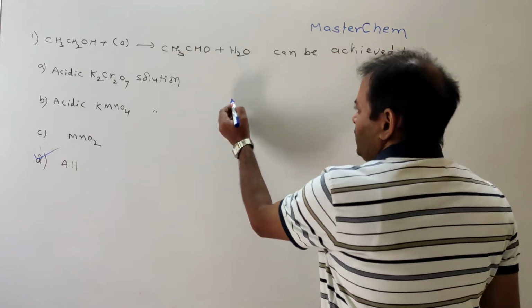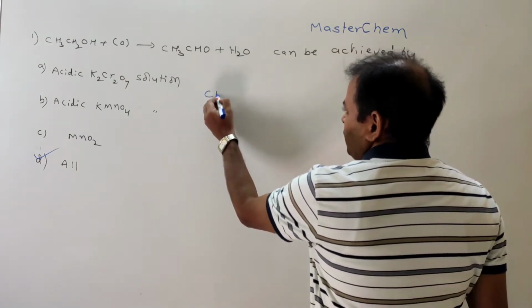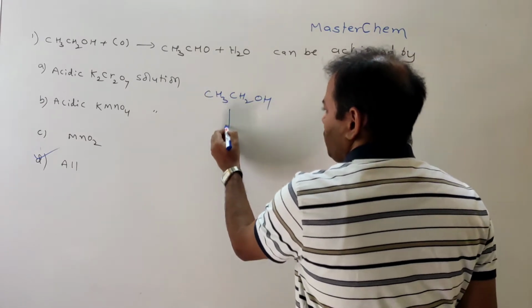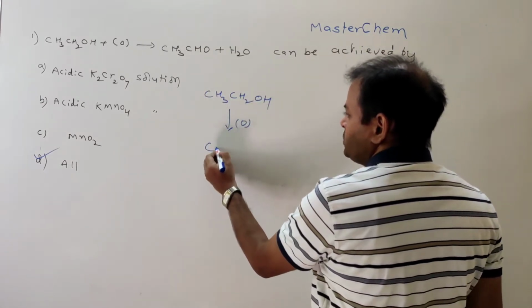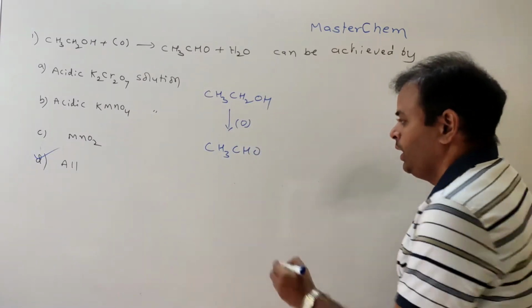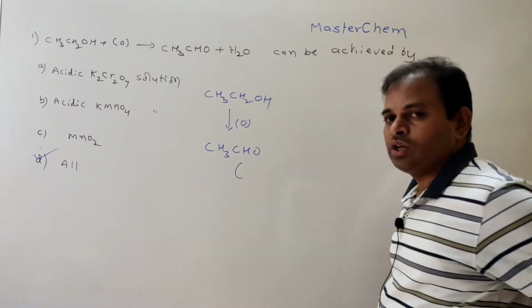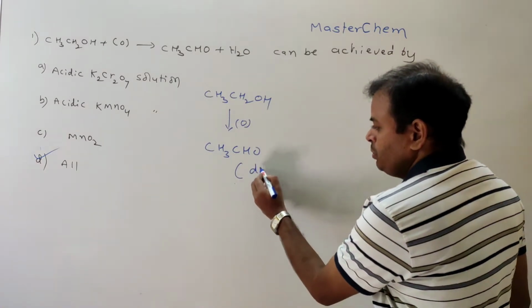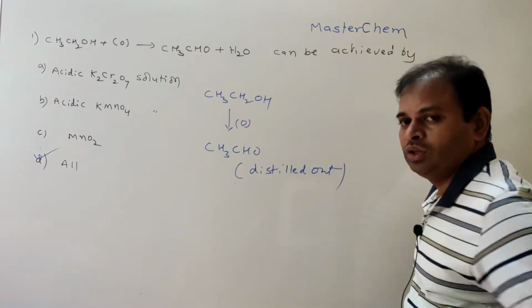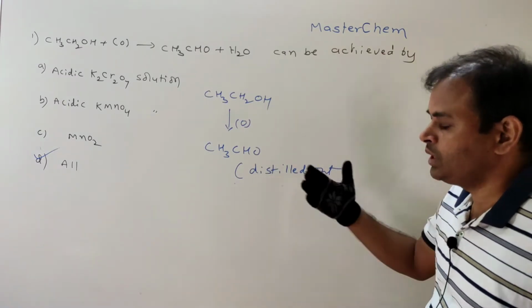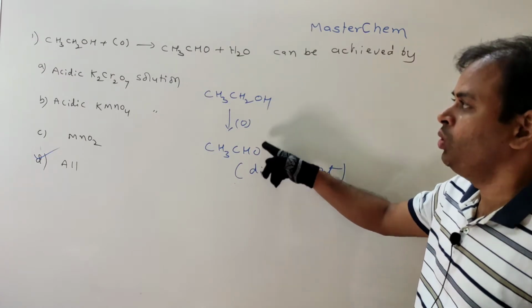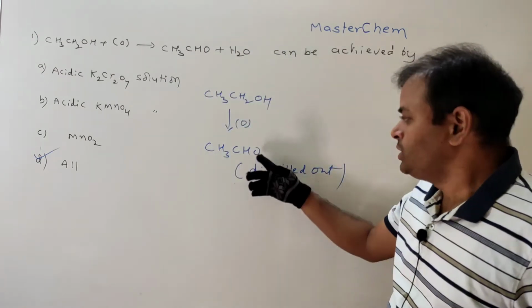Okay. So in this, the conversion is CH3CH2OH, ethyl alcohol, which by oxidation converts to CH3CHO, acetaldehyde. Here, as soon as acetaldehyde is formed, it should be distilled out. What is the reason? Because it is more prone to further oxidation.